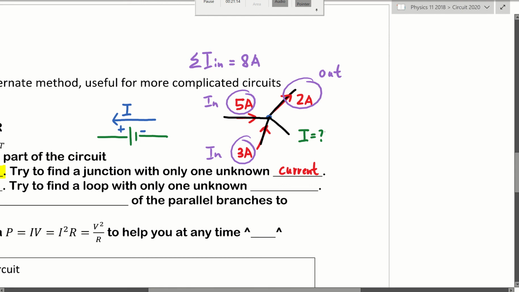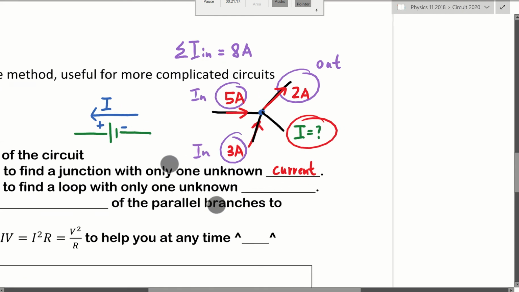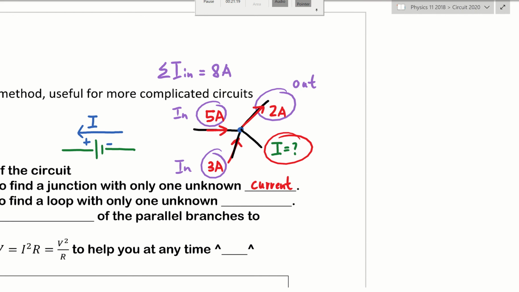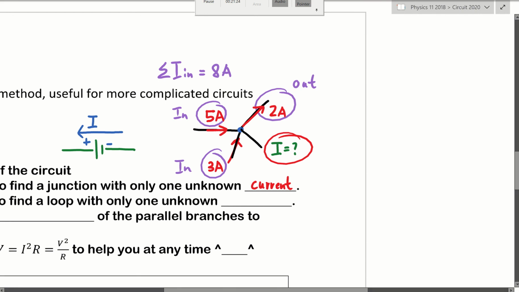So what is the missing one? Okay, so we just ask a question like that. The total amount coming in is 8 A. The total amount coming out should be 8 A, but I only have 2 A going out right now, so I'm missing what? 6 A going out.